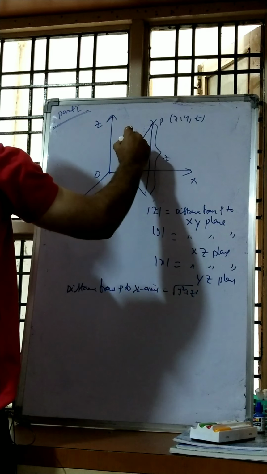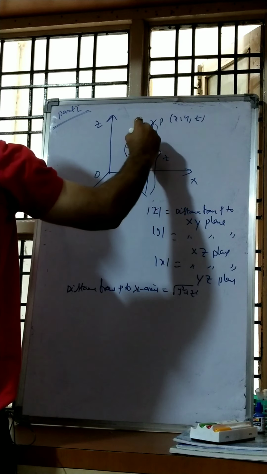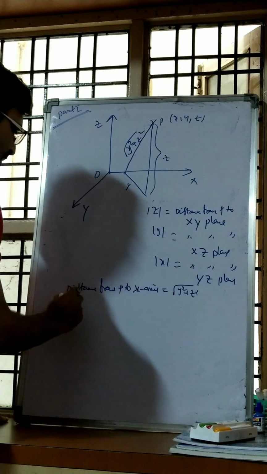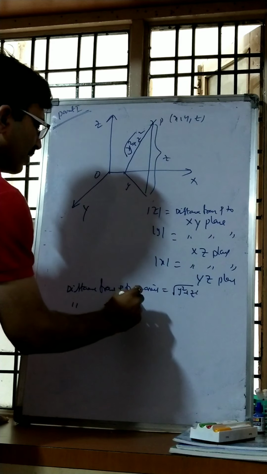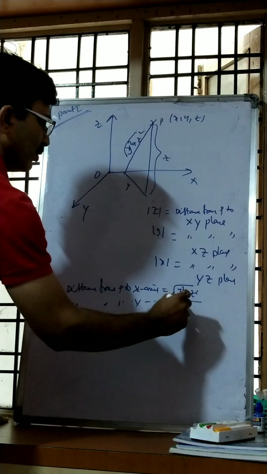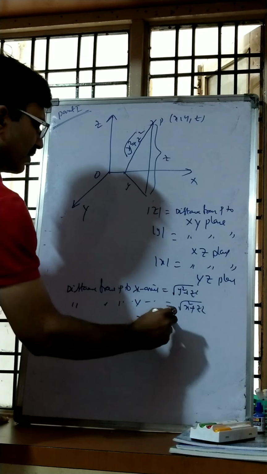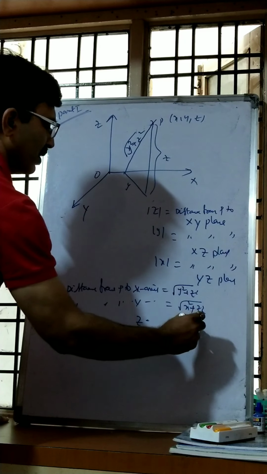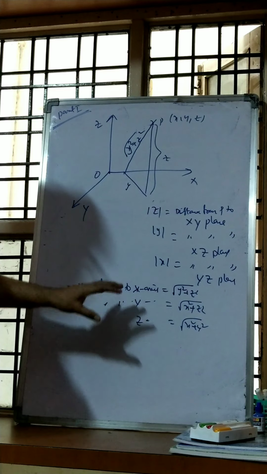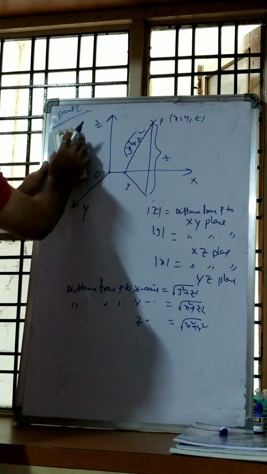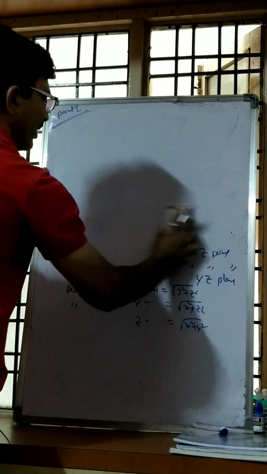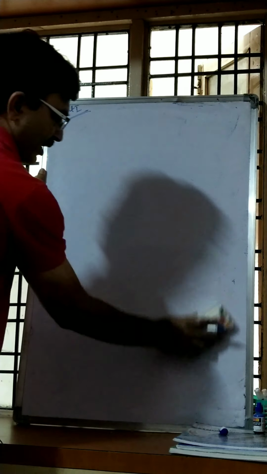Now distance from P to the y-axis is under root of x square plus z square. Z-axis, under root of x square plus y square. You are getting it like this, right? Some people may have doubt in this, so it is very clear.